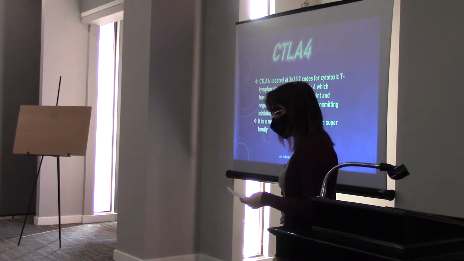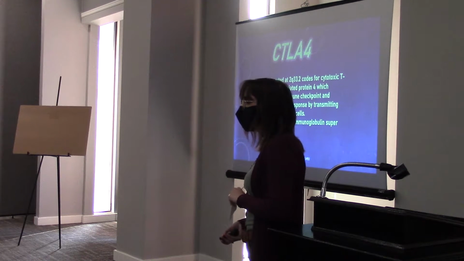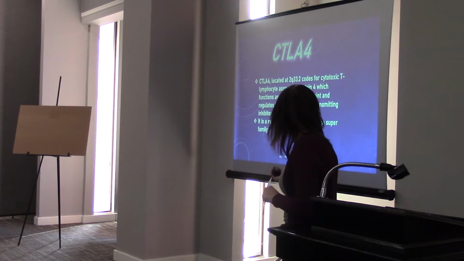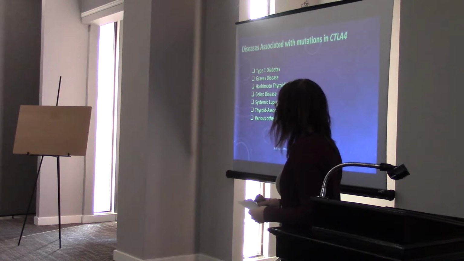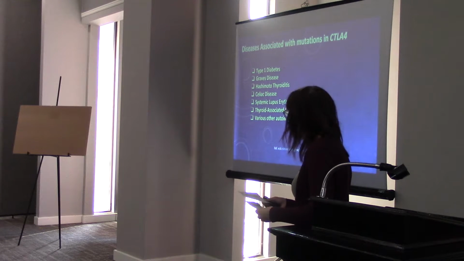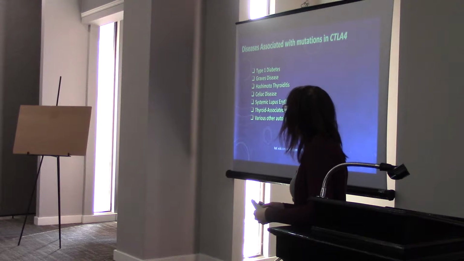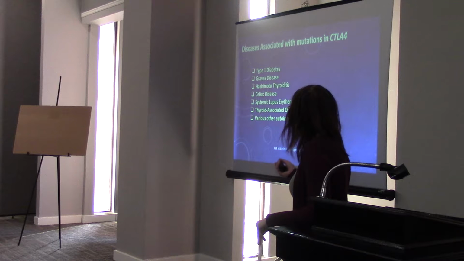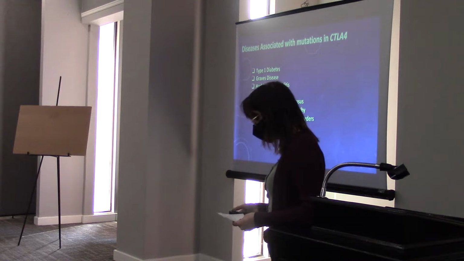It is a member of the immunoglobulin superfamily, and it is a homodimer that is connected by a disulfide bond. Diseases associated with mutations in CTLA4 are type 1 diabetes, Graves' disease, Hashimoto thyroiditis, celiac disease, systemic lupus erythematosus, thyroid-associated orbitopathy, and various other autoimmune disorders.